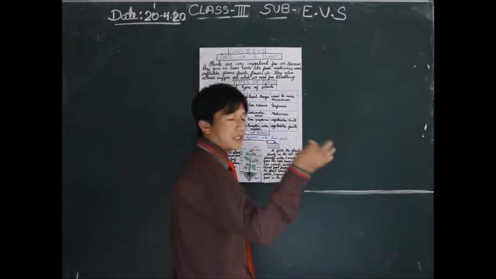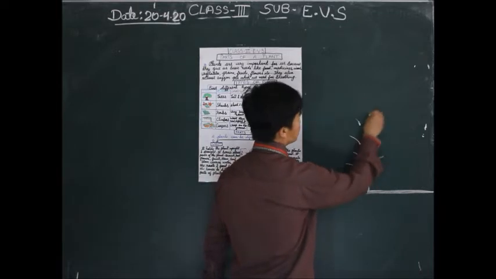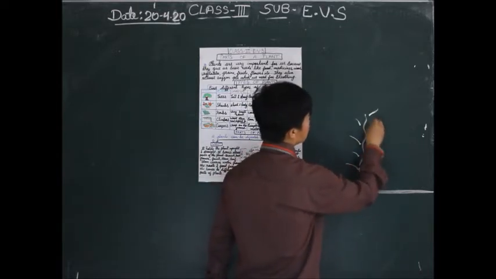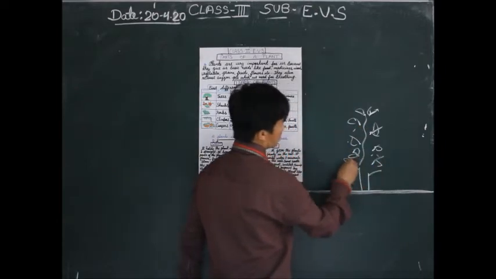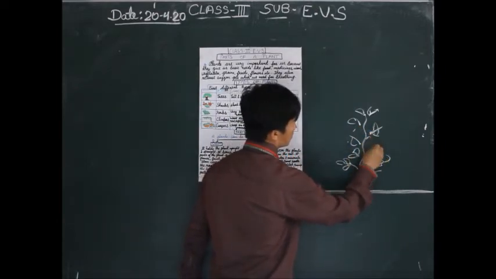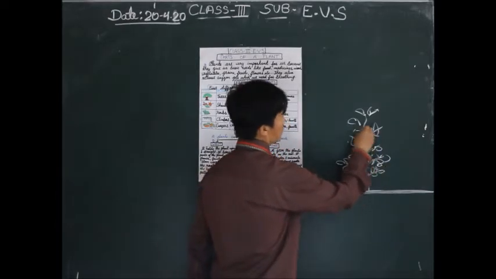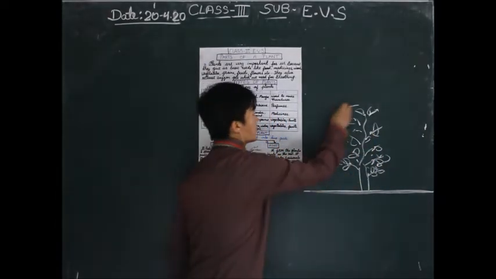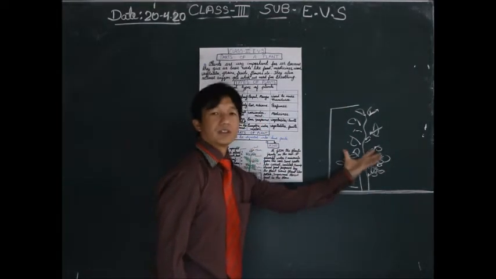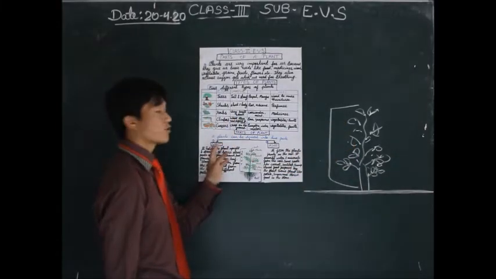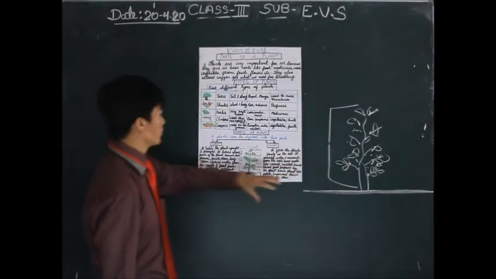The parts of plants that are above the ground, these parts are called shoot.